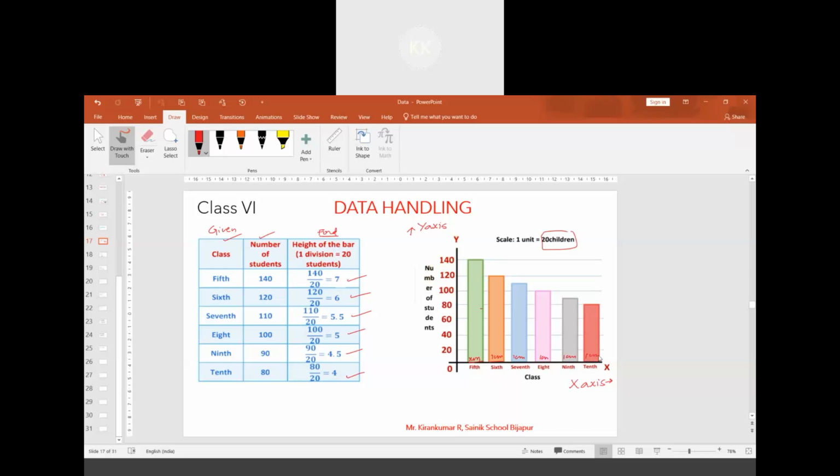And there should be a uniform gap between them. These gaps should also be the same. Though it is not clear here, the gaps are to be the same. If you are taking 1 centimeter, a 1 centimeter gap should be there for all the categories. This is the method for making a bar graph.